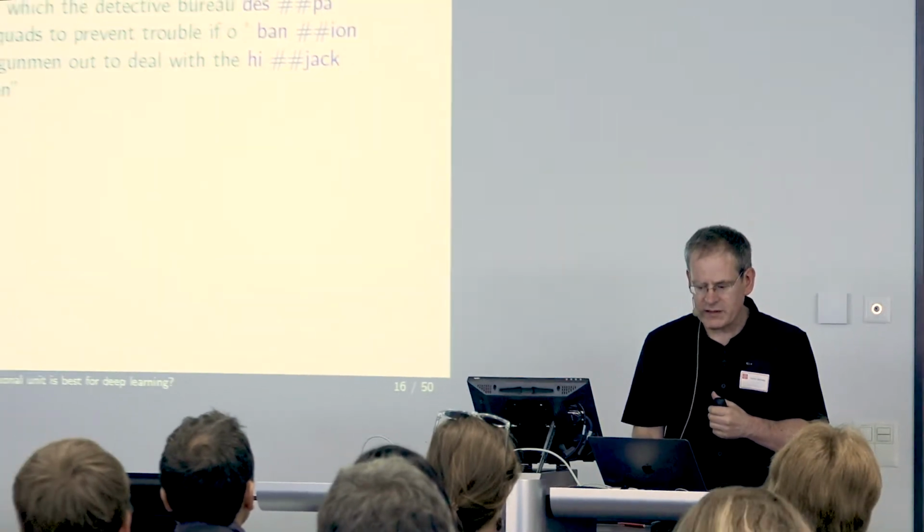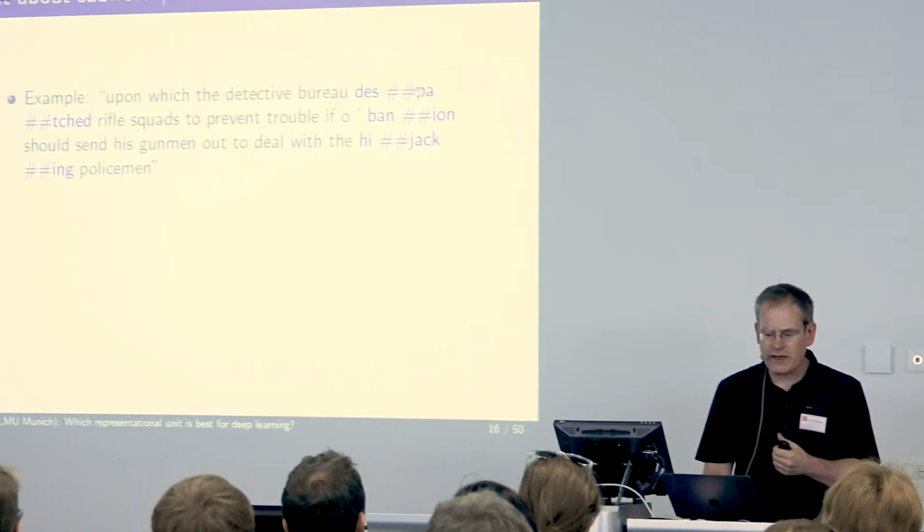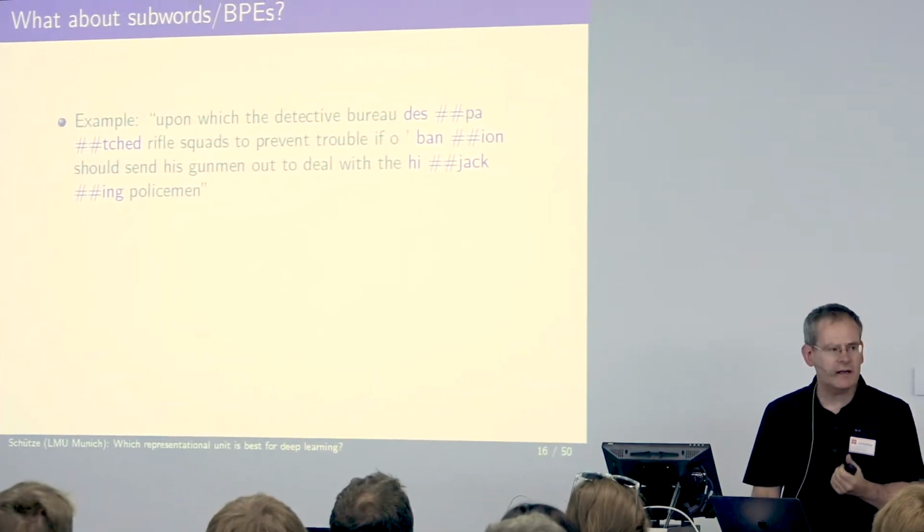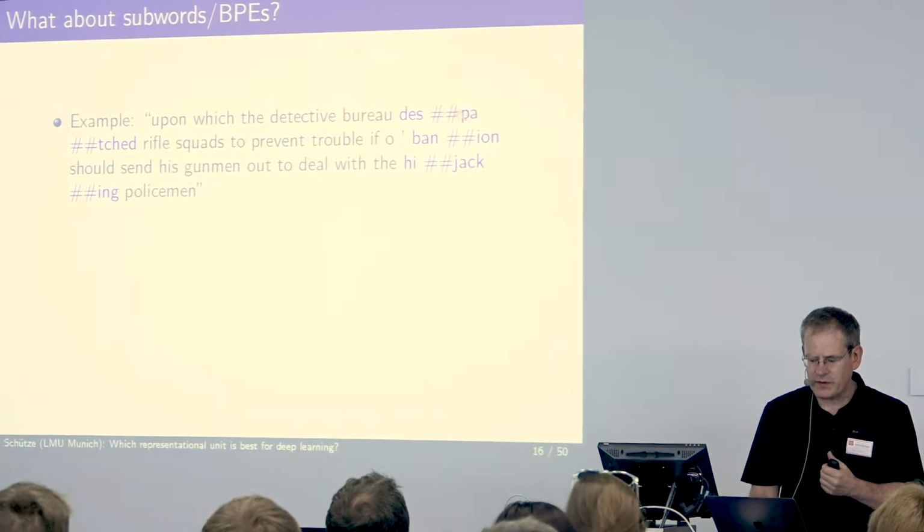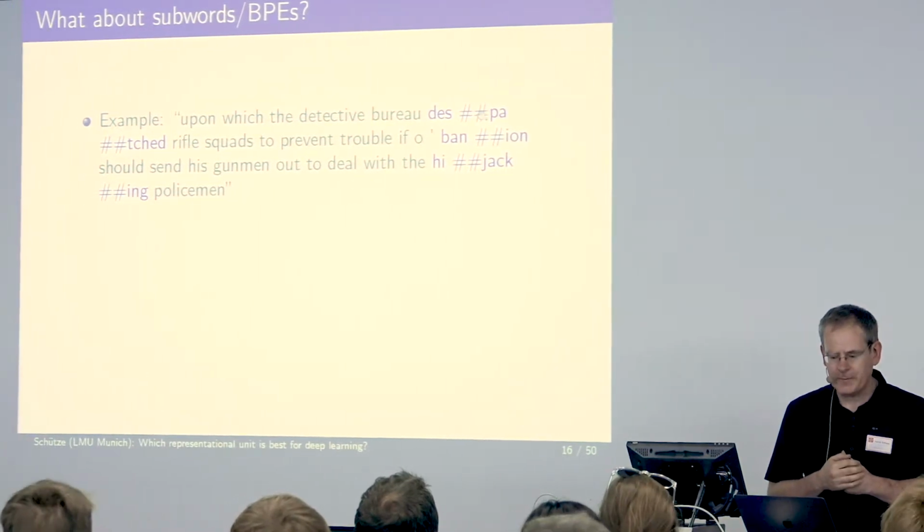But for rare words like dispatched, O'Banion, hijacking, we break them into parts and represent them as parts. The hash here means join the subword to the previous subword, so that you get dispatched. It means I'm not starting a new word here, I'm continuing the previous word. That's what these two hashes mean.